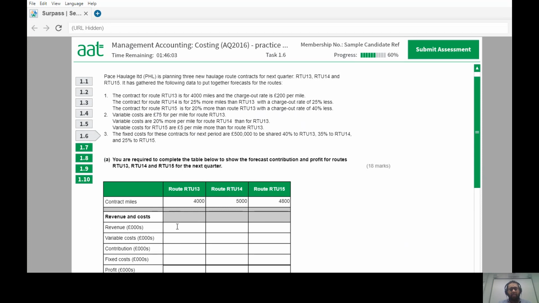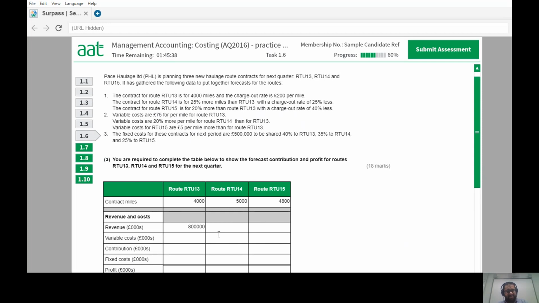Now let's find out what my total revenue is. So the revenue is 4,000 multiplied by 200. That's going to give me 8 million. No, hold on, 800,000. Okay, so please make sure you check there are 5 zeros there. The next one, route RTU 14, 5,000 miles multiplied by 150.